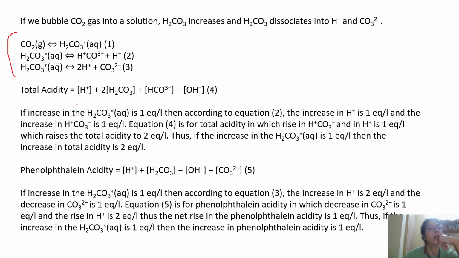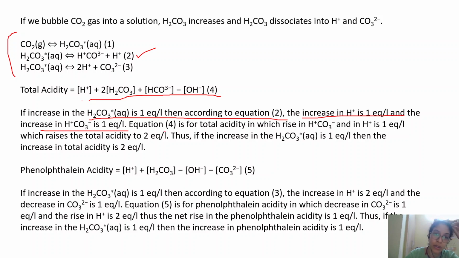Total alkalinity is what? H plus, total acidity is what? H plus, 2 H2CO3, HCO3 minus, OH, right? So if the increase in H2CO3 is 1 equivalent per liter, then according to equation 2, the increase in H plus is 1 and the increase in HCO3 is 1.